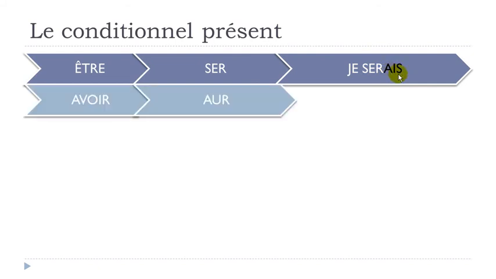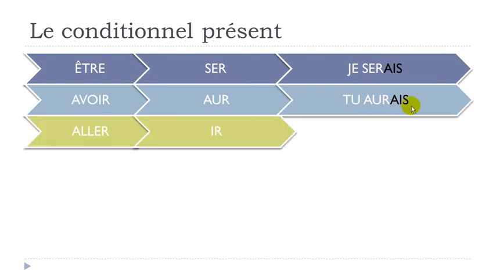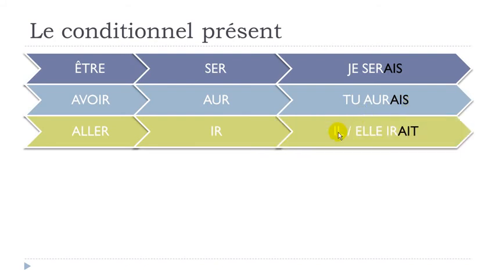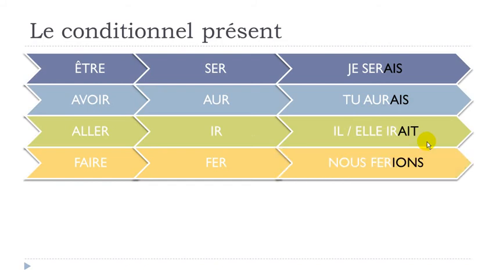Avoir will become aur. Same thing here. After that, you will add all the endings. So, tu aurais. Aller will become ir. And you'll get il irait, elle irait. Faire will become fer. Nous ferions.